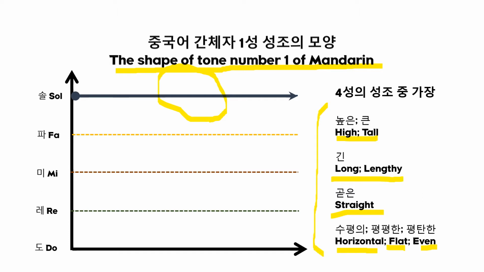So from this shape we have derived these 4 major concepts. When I was young, I started to learn the Chinese language, Mandarin, but I couldn't remember all the Chinese character tone numbers.